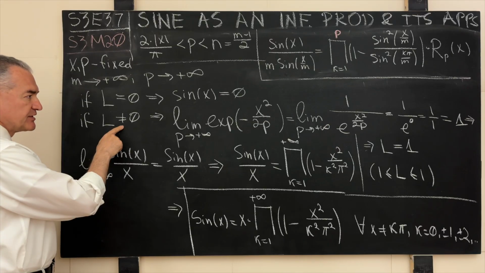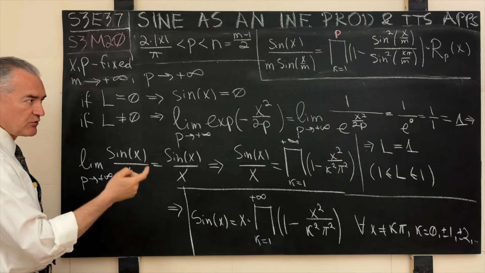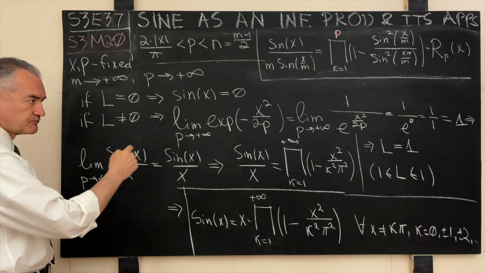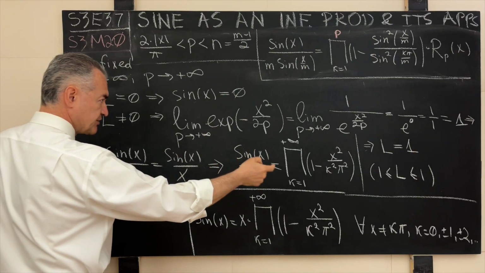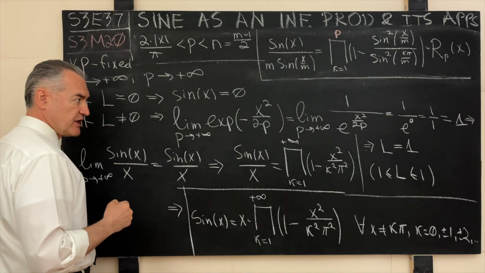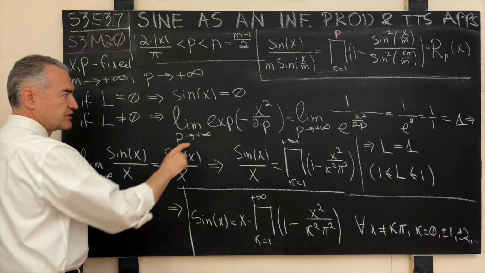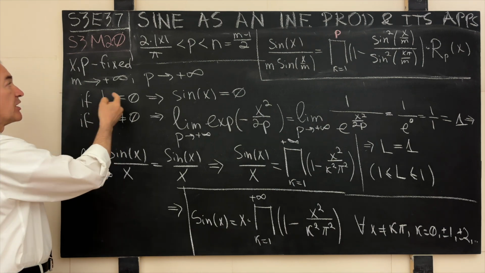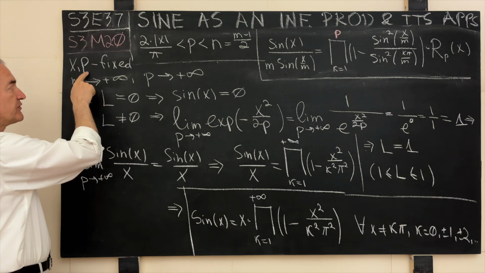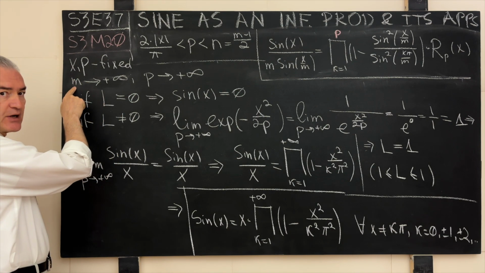And if this limit is not 0, then we squeeze that limit between two real numbers, one on the one side and the other number on the other side. What's that number? Well, here we will need to compute the limit of this expression, but this time, remember, in our previous step we kept x and p fixed and we tended m to positive infinity.